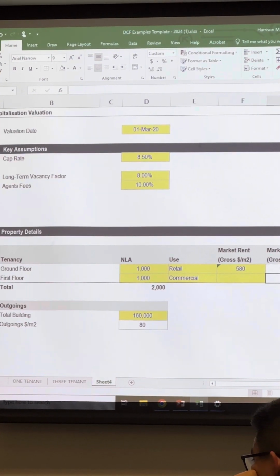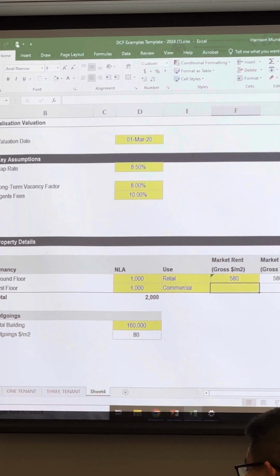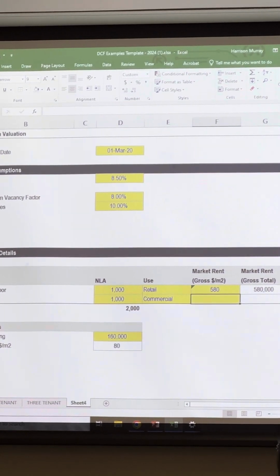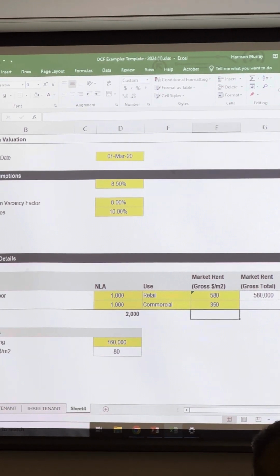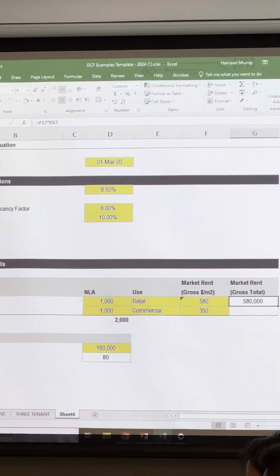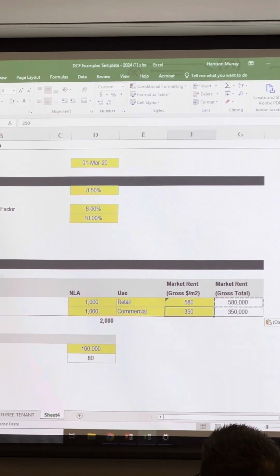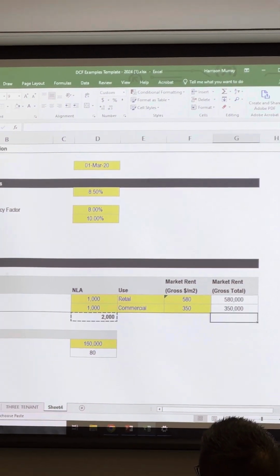And so then what about for the commercial? So it's 350 gross. 350 gross is market. And so we can just copy that formula down. And then we can copy our little total across.